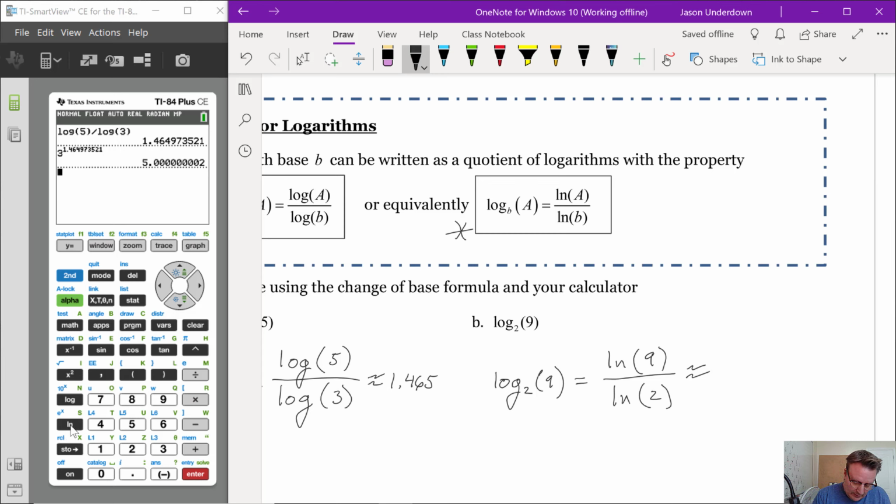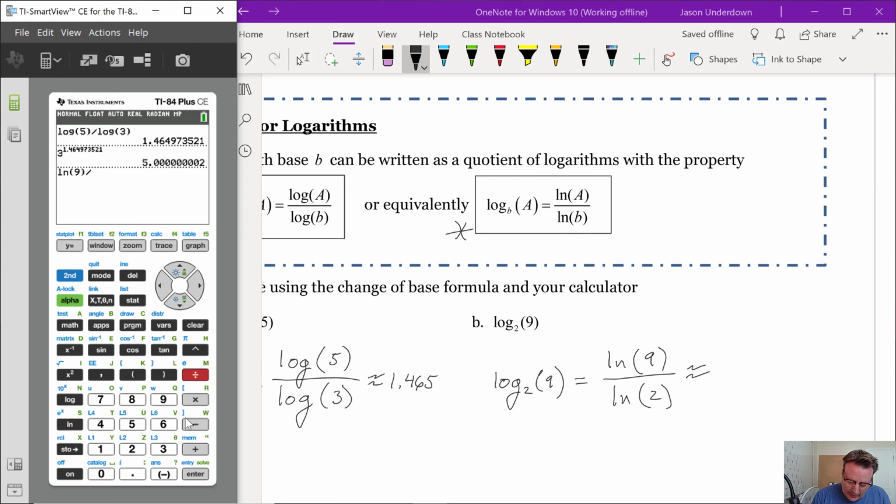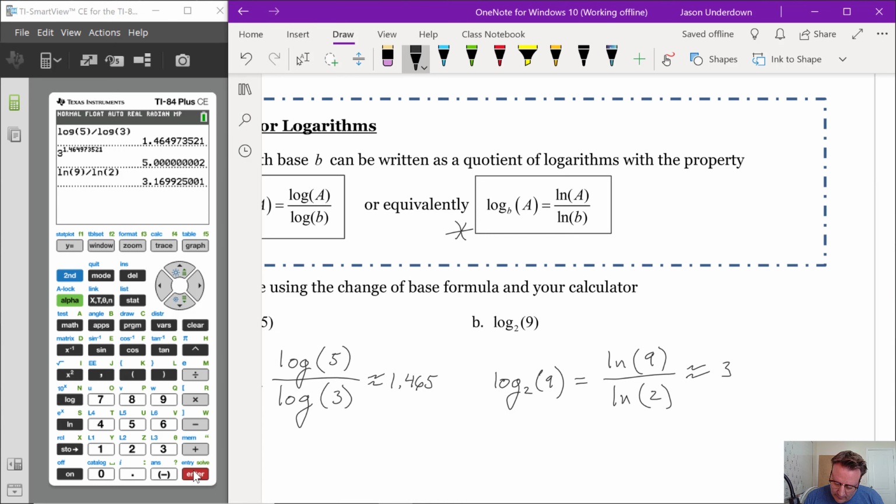So we're going to do the ln of 9 divided by the ln of 2. And we get about 3.17. If I round to the third place, 3.170.